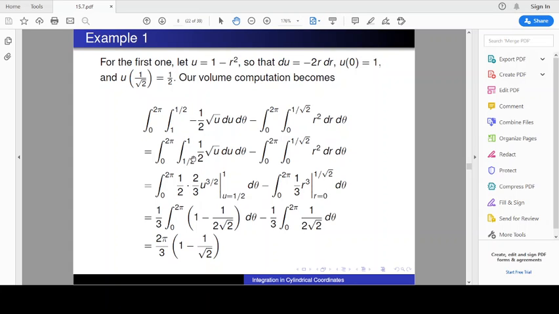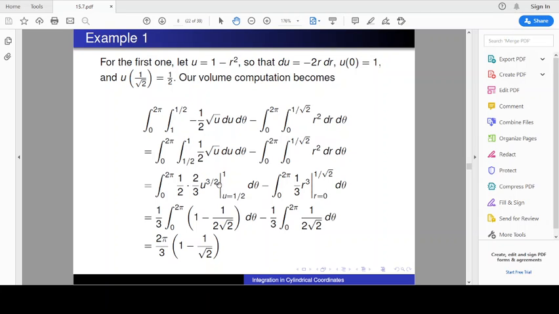Okay, and then what is this integral? The square root of u is u to the 1/2, right? So the backwards power rule tells us that the integral becomes something like u to the 3/2 times 2/3. So when we multiply that by a half, we should get 1/3 coming out to the front. But that's fine.